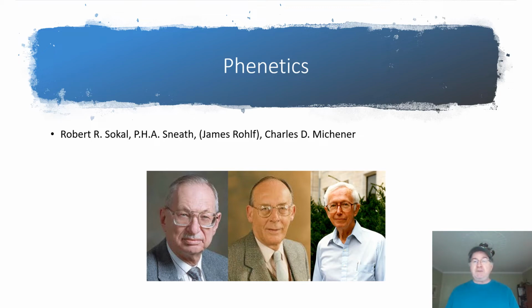Sokal and Michener at the time were at the University of Kansas, and they collaborated on a number of papers. So Sokal might develop techniques, and then they would be applied to Michener's particular group of interest, which I know we have several people in the class who are interested in bees. I'm sure you have run across the name of Charles D. Michener. He lived to a ripe old age. He was attending international congresses well into his 90s.